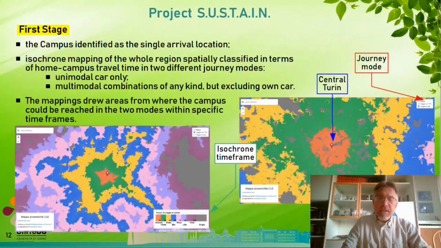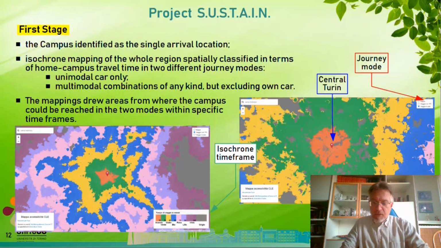In fact, 2 years ago, a web interface was developed which showed to the persons applying for the permit the map of Turin and the area surrounding it, with a subdivision in zones of different colors, which are actually isochrones, which is to say areas where the time to reach the campus from that area is equal.